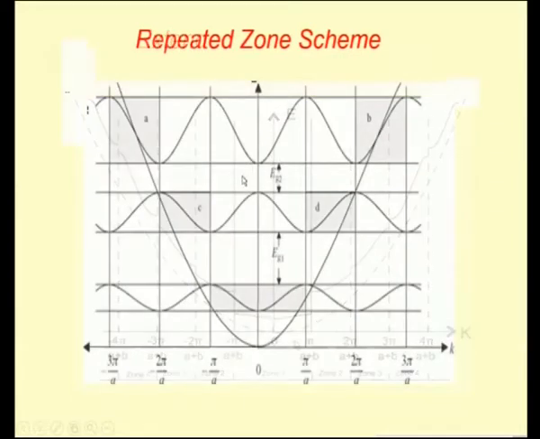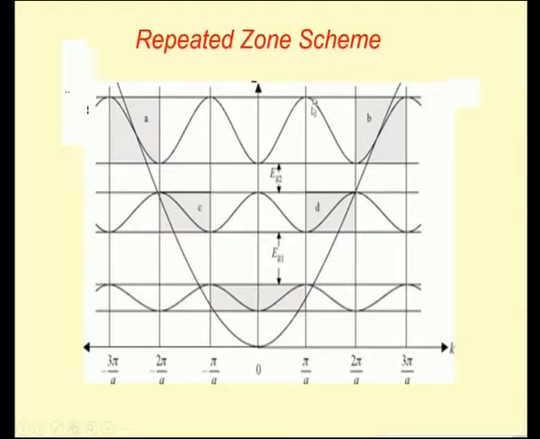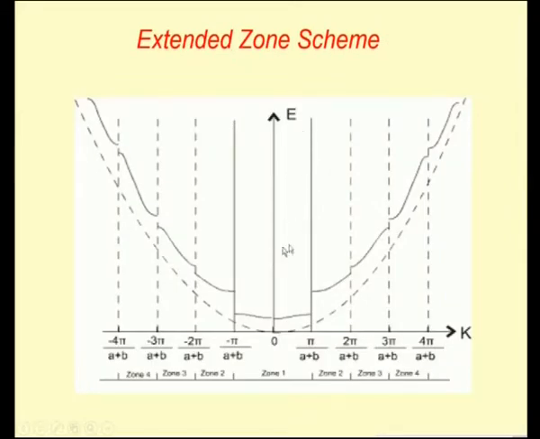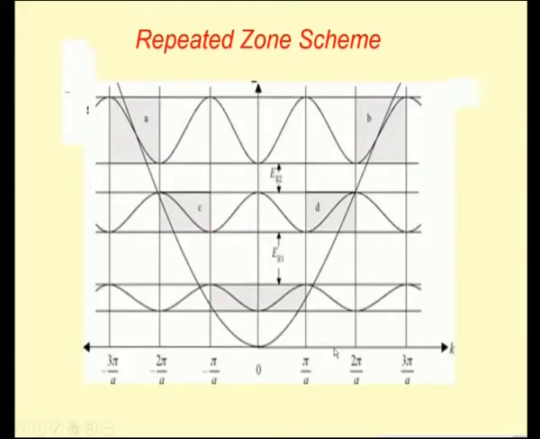So this is actually a repeated zone scheme of representing the same diagram, but for the next atom, if you work out a similar diagram, that will fall at 2 pi by a plus b, keeping this point as the origin, and so a similar diagram will be plotted over here with this origin, and another diagram here, and similarly at minus 2 pi by a plus b, and so on. So, after every interval of 2 pi by a, the curve can be repeated, and finally that will look like this.